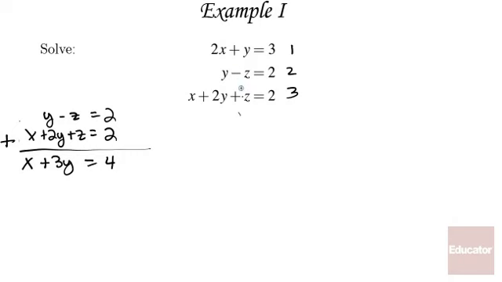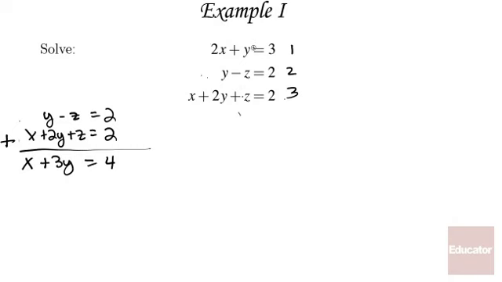Now I need to work with a different set of equations. There's actually multiple different ways to approach this. I'm going to work with 1 and 2. Actually, I already worked with 2 and 3, so I eliminated z.